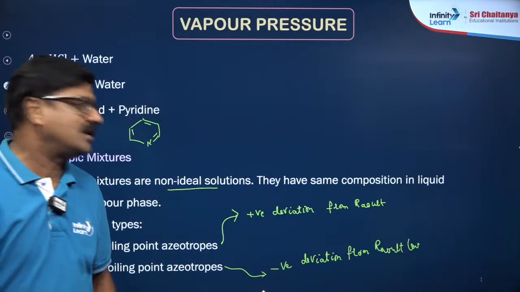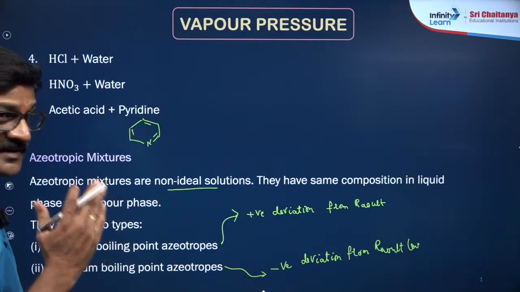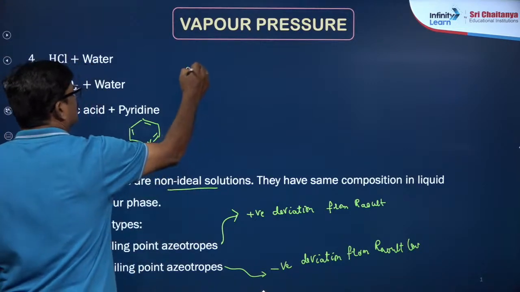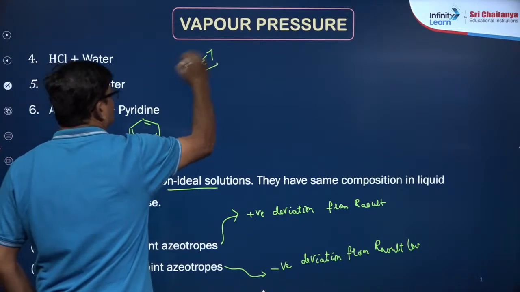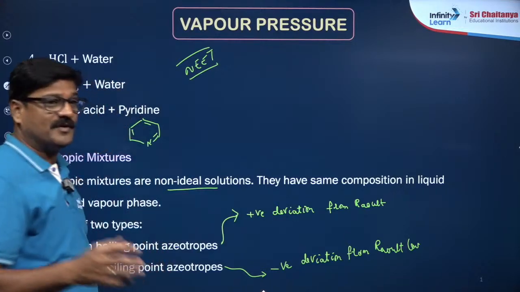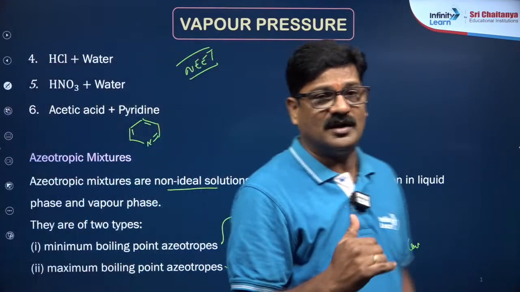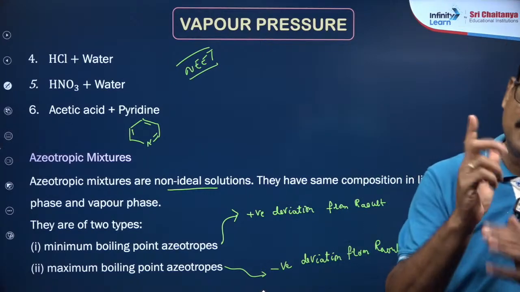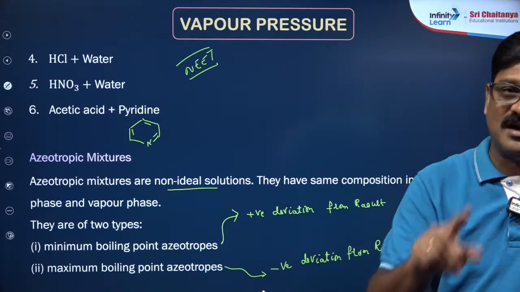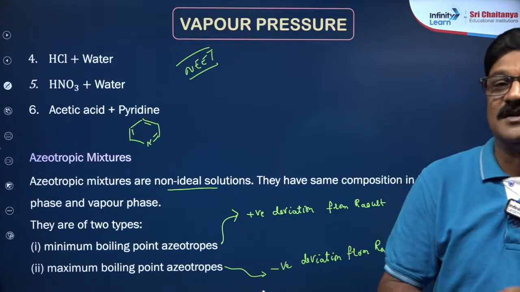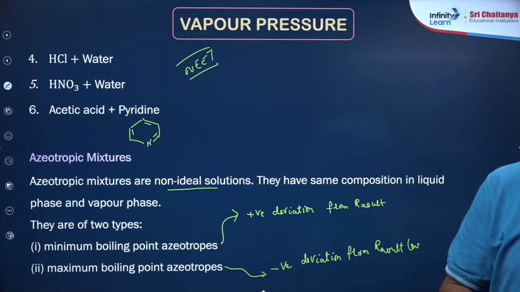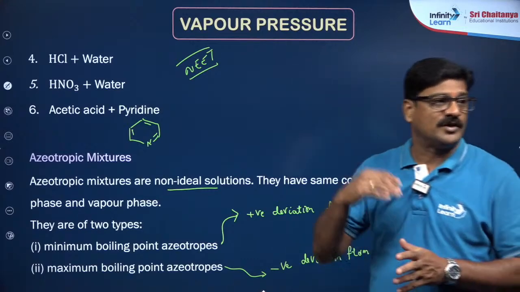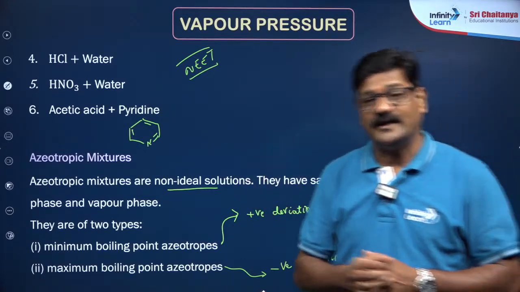That is very, very important. In the NEET exam you will be asked which of the following show maximum boiling azeotrope, which show minimum boiling azeotrope. The simple trick: the mixture which shows positive deviation, take the opposite, so that is a minimum boiling azeotrope. The mixture with negative deviation from Raoult's law shows the reverse. Are you getting or not?